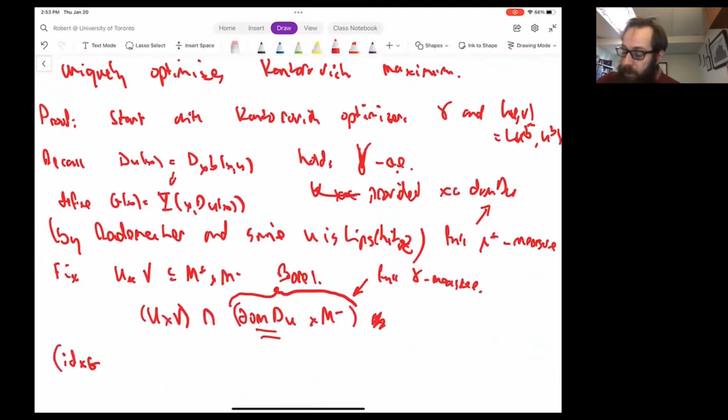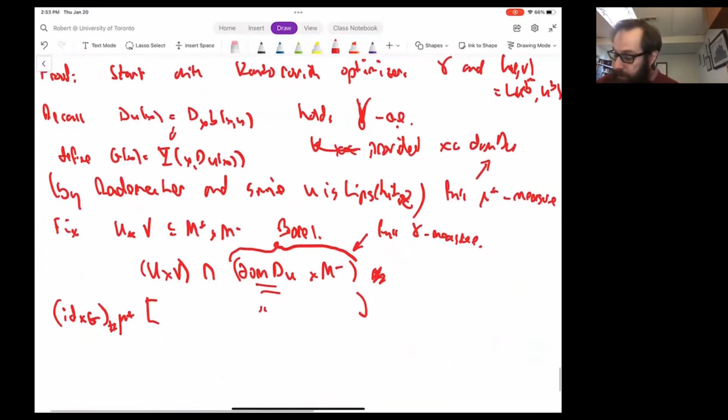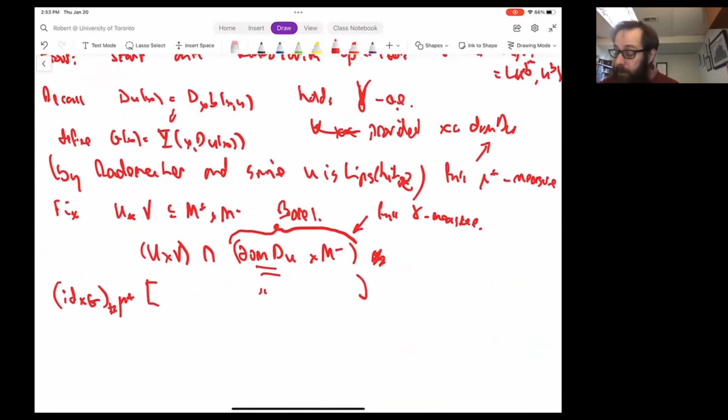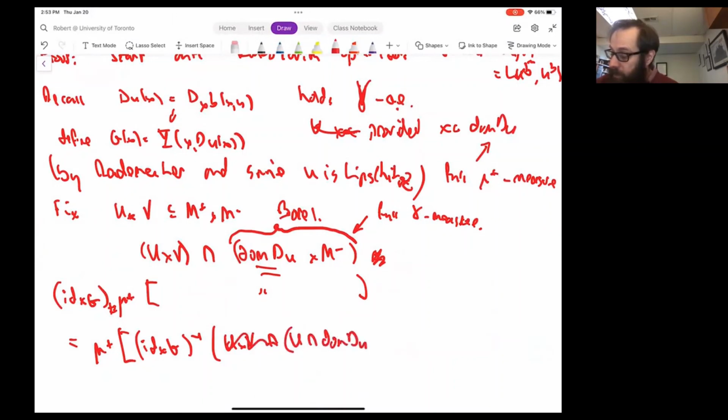And then I want to say, what does the measure identity cross G push forward mu plus? How does that evaluate on this set here? And so that's the same thing as mu plus identity cross G inverse of U cross V intersect the domain of du cross V.